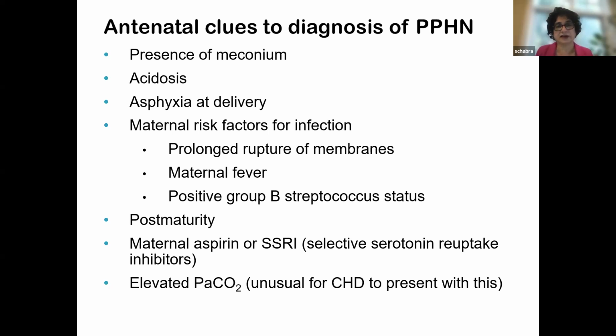Other maternal risk factors are prolonged rupture of membranes, maternal fever, maternal infection, positive GBS status, post-maturity at 41 to 42 weeks or greater than 42 weeks. And then remember maternal NSAIDs or SSRIs, which are the selective serotonin reuptake inhibitors, are also predisposing the baby to elevated pulmonary pressures and elevated PaCO2.